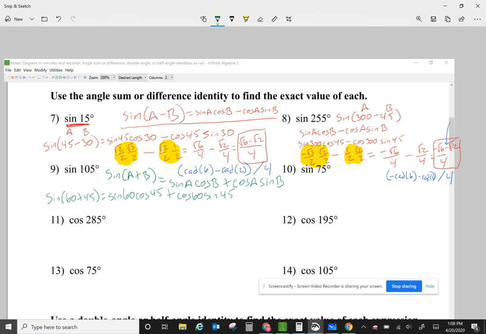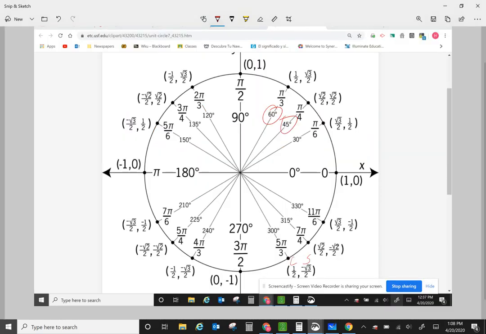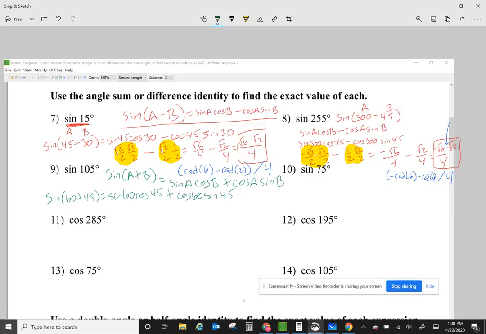Let's remember a unit circle. All right, so sine of 60, I know the sine of 60 is radical 3 over 2. Cosine of 45 is radical 2 over 2. Cosine of 60 is 1/2.